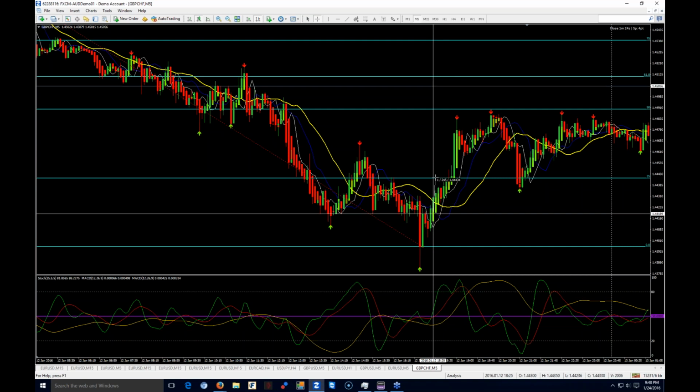More than likely this level, to be honest, would have been my first entry point, which is 24 pips. I knew it was going to get around 20 to 30, then pull back. Got to 29, pulled back. Next level is 50, pulled back, and then hit 75.